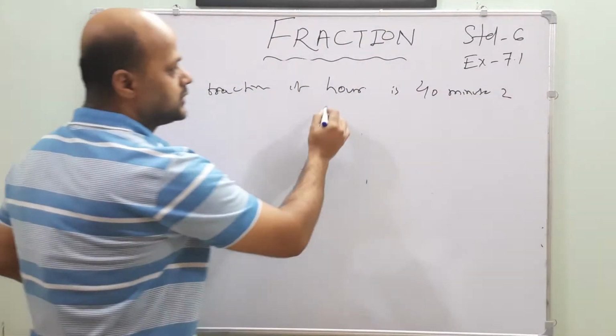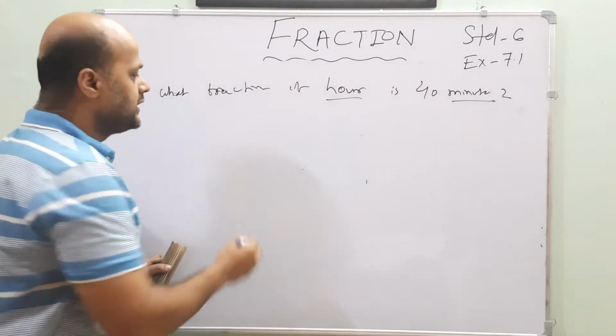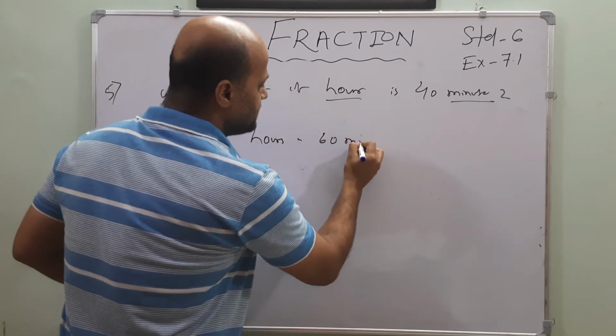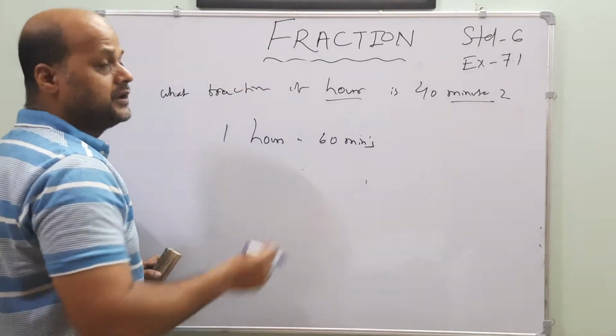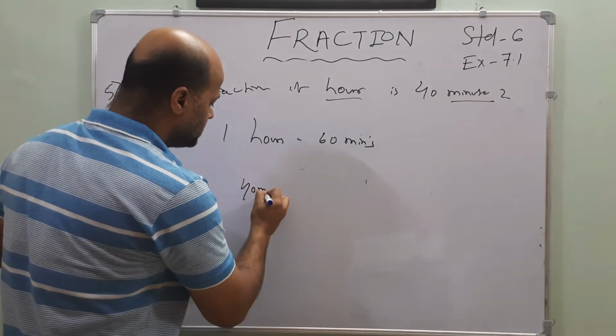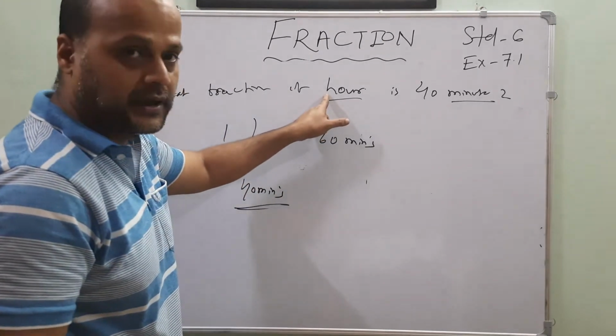Now here you have to make the two units the same. Okay? 1 hour, how many minutes? You have to write 1 hour is equal to 60 minutes. Okay? It is asking 40 minutes. What is the fraction of 40 minutes for 1 hour?